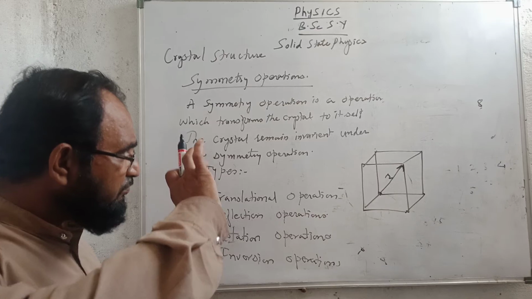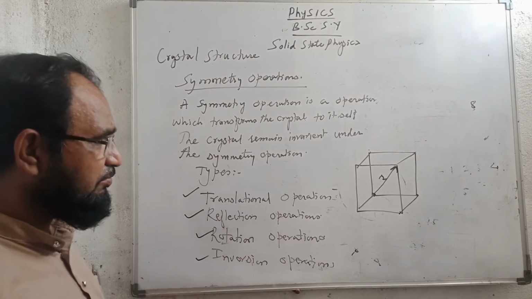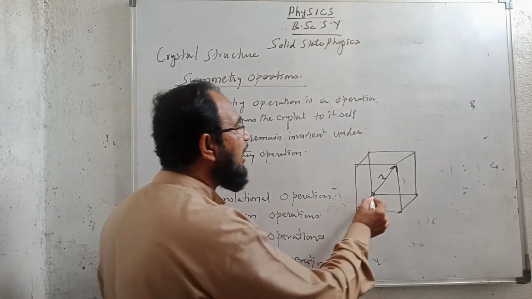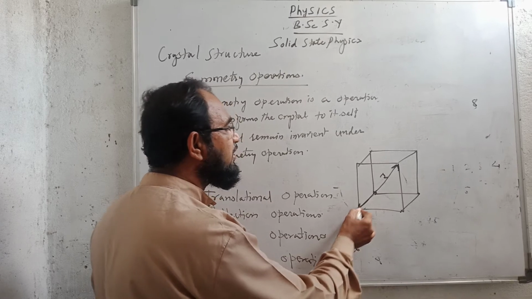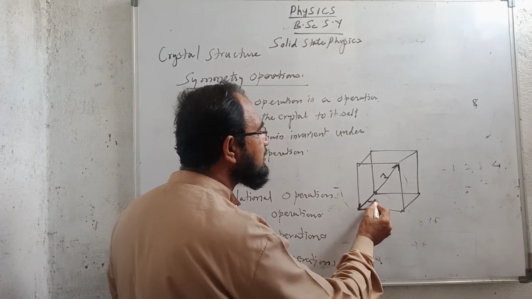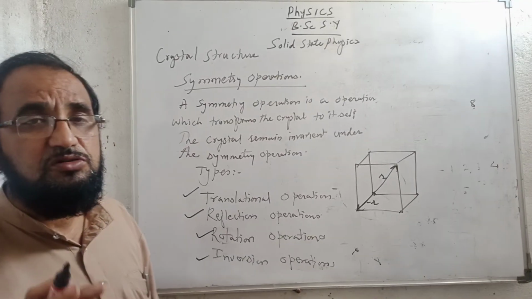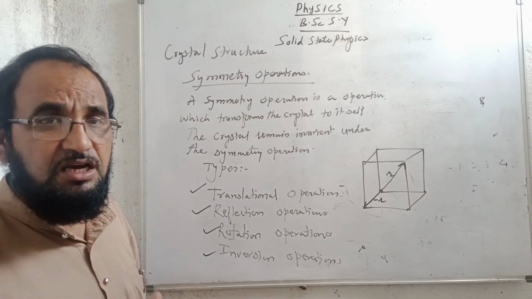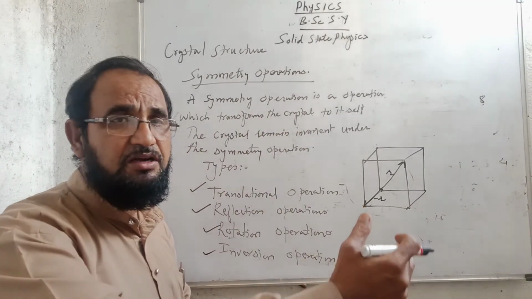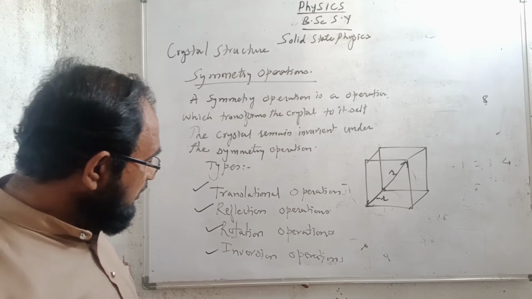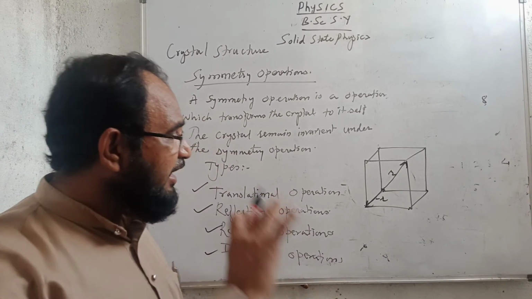So I have to invert this point through a distance minus r. This type of symmetry is known as inversion. Inversion means the point will be replaced by another point. When the inversion operation is performed on a lattice point, that point gets inverted.